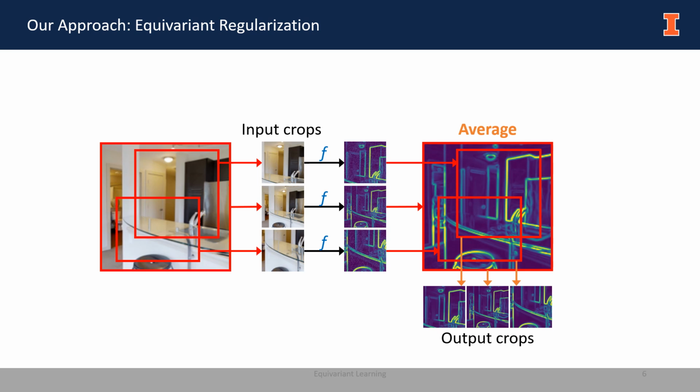We can take the corresponding crops from this average feature map and use them as a target in the equivariant L2 loss. The individual feature maps can also be supervised at the same time by the usual supervised learning loss.